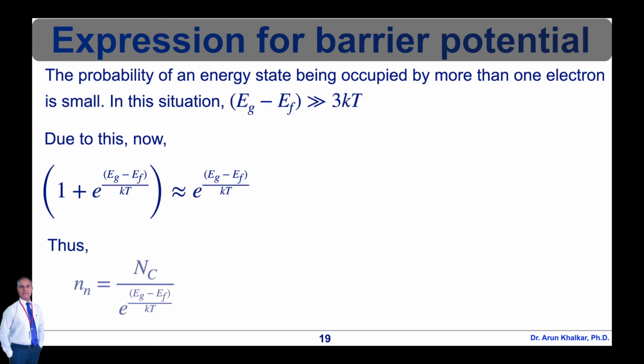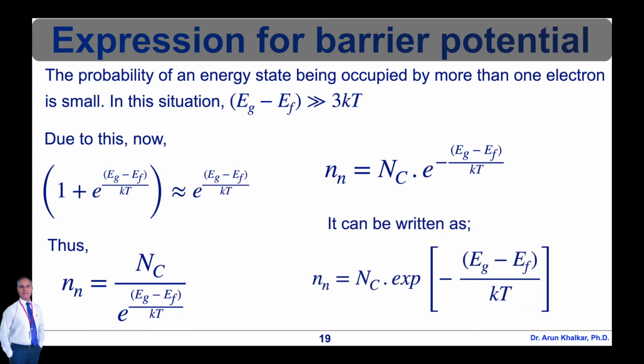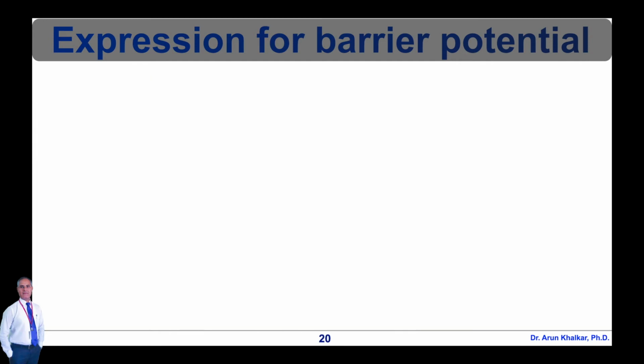Thus, Nn is equal to Nc upon exponential of Eg minus Ef upon kT. Therefore, by simplifying, it can be written as Nn is equal to Nc into exponential of minus Eg minus Ef upon kT. Let's say this is equation number 3.